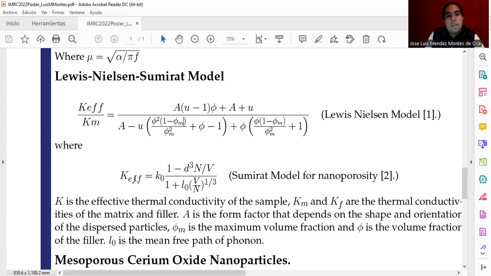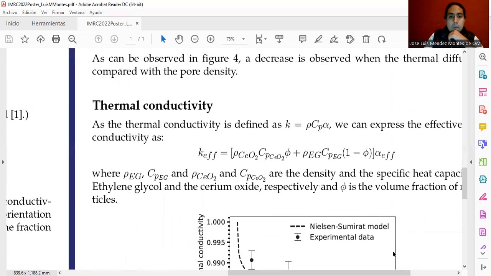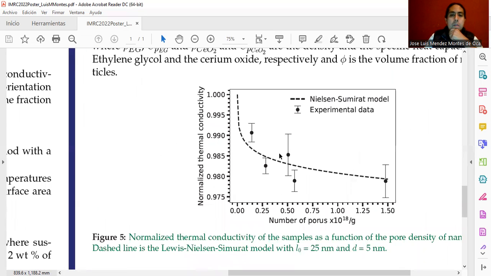This K effective was used inside this K M. So we are considering that we have a liquid with nanoparticles inside, but those nanoparticles have nanoporosity. We saw a good correspondence between the model and the experimental data.